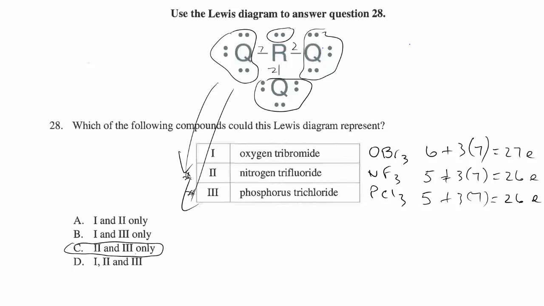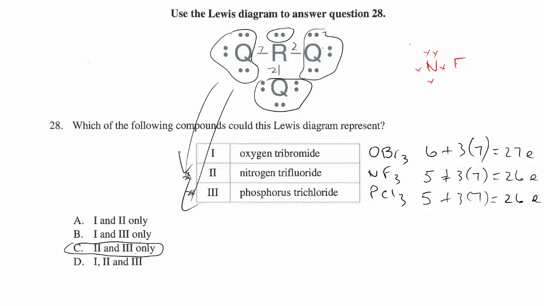To really be confident about that, you probably want to try actually drawing it. So for instance, we would take nitrogen, and we said there were 5 valence electrons. Just so you can keep track of these, I would use X's for nitrogen, distribute them evenly around the nitrogen, and then you would have 3 fluorines.